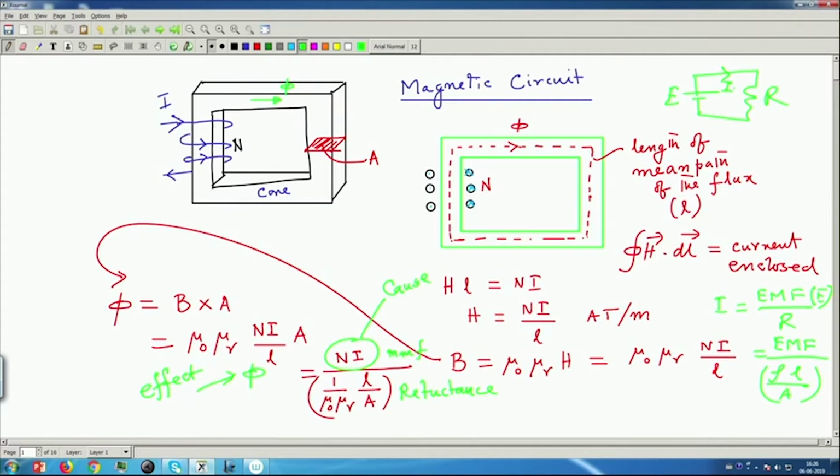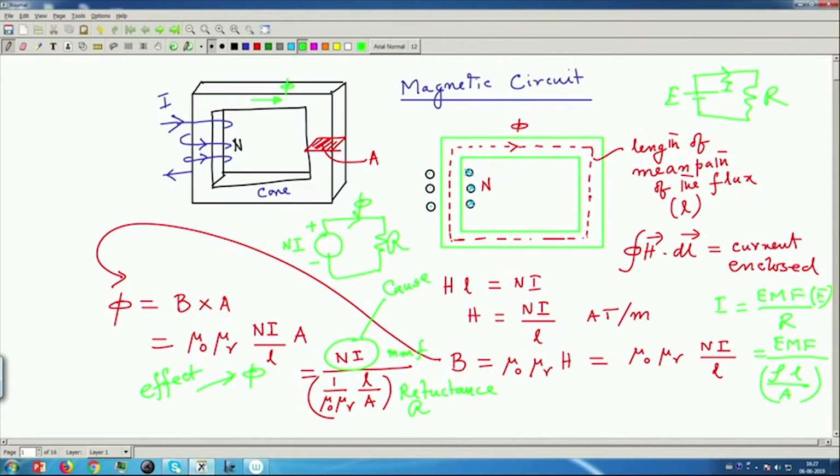But nonetheless, this equation prompts us to simplify the matter and say that so far as calculation of MMF is concerned, you do it like this: NI, connected to a reluctance, shown by a curly letter R, and here you show the flux. Although in this diagram I show it as if connected, they are not in practice, but it is only prompted by this relationship existing in the electrical circuit. That is why it is called a magnetic circuit.